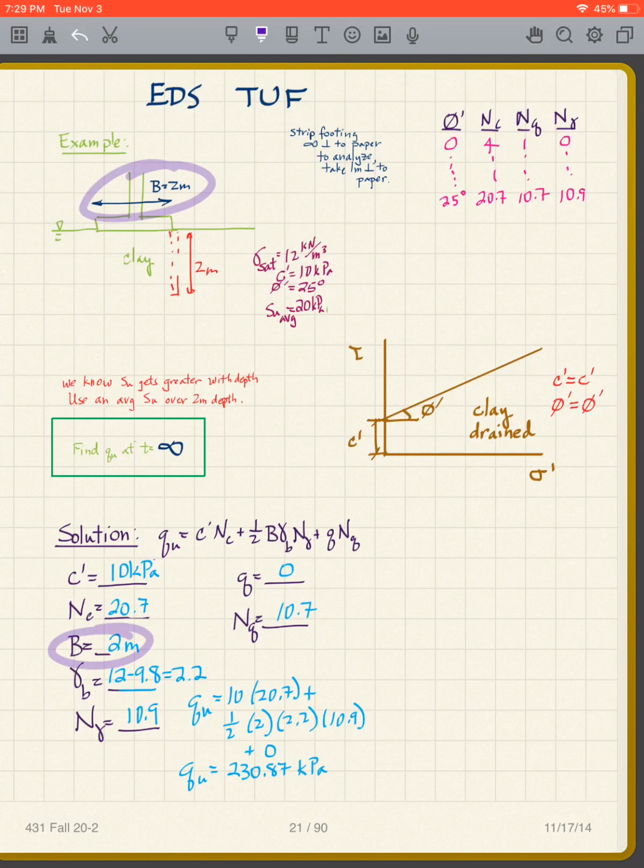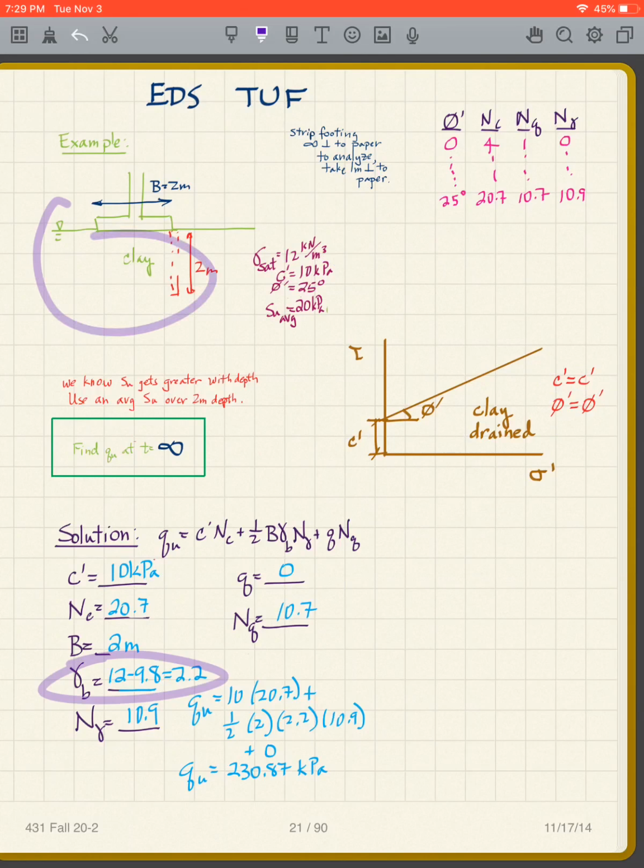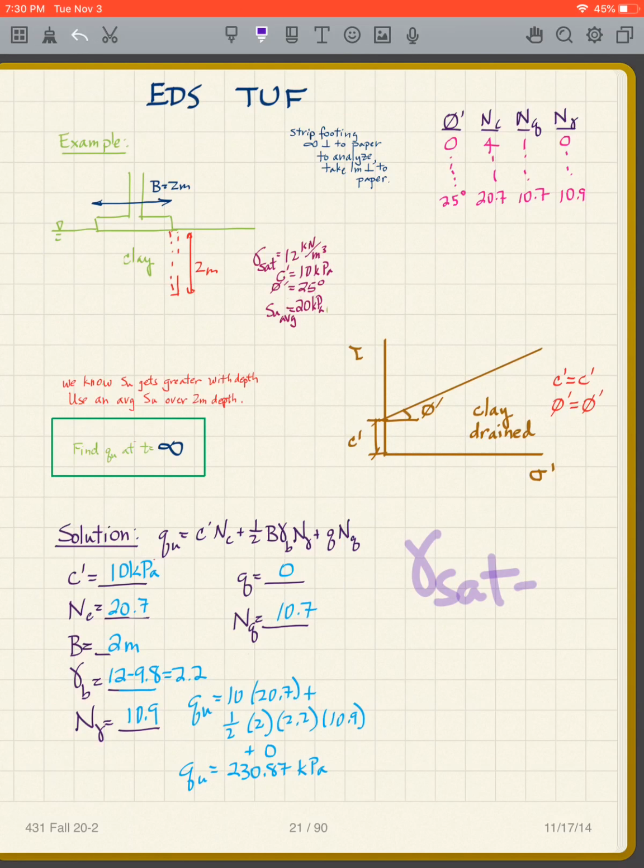Now I have to have a gamma B. My gamma B, remember, is the buoyant unit weight. This is all saturated soil. There's my water table. So since it's saturated and everything, my gamma B, gamma buoyant, gamma prime is what? It is gamma saturated minus gamma water. That is the definition of gamma B, gamma buoyant.